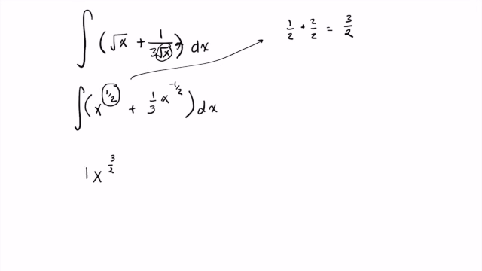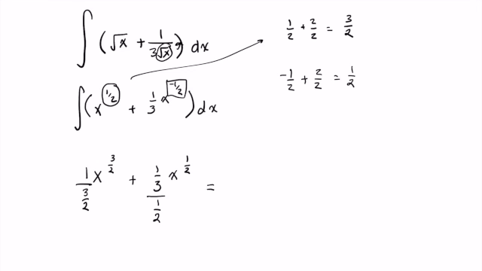My coefficient is 1, and we are dividing that by 3/2. Plus, I have 1/3 x. Well, got to add 1 here, so negative 1/2 plus 1, or 2 over 2, gives me a positive 1/2. And so I divide my coefficient by whatever the new power is. Go ahead and simplify these two.